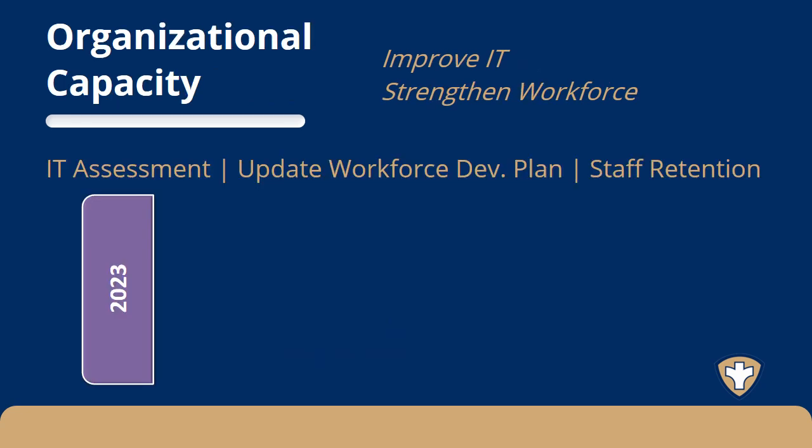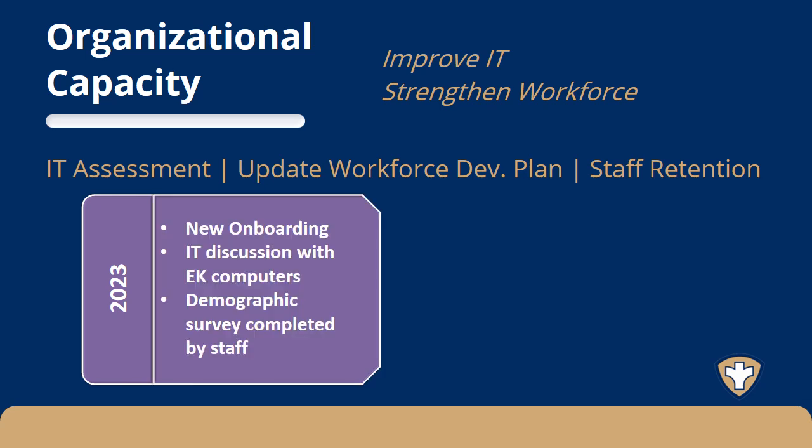Our last perspective is the organizational capacity perspective. The objectives here are to improve information systems or information technology and strengthen our workforce. This is measured by completing an IT assessment, updating the workforce development plan, and looking at staff retention. For this group, in 2023, the group looked at the onboarding process for new hires.